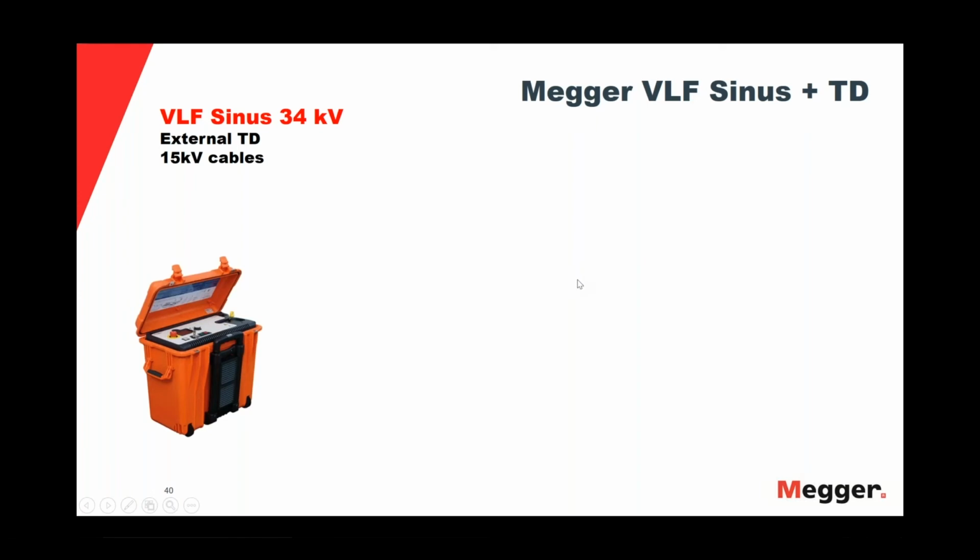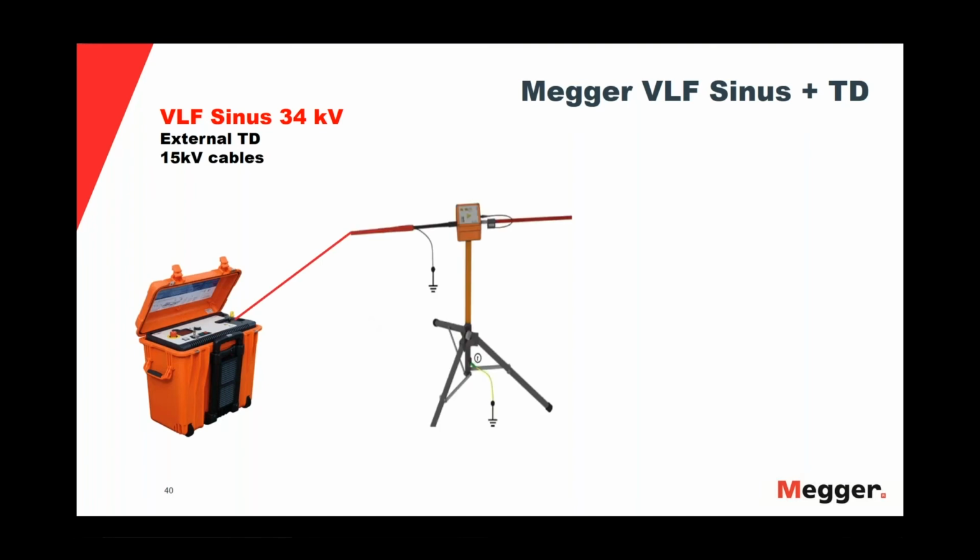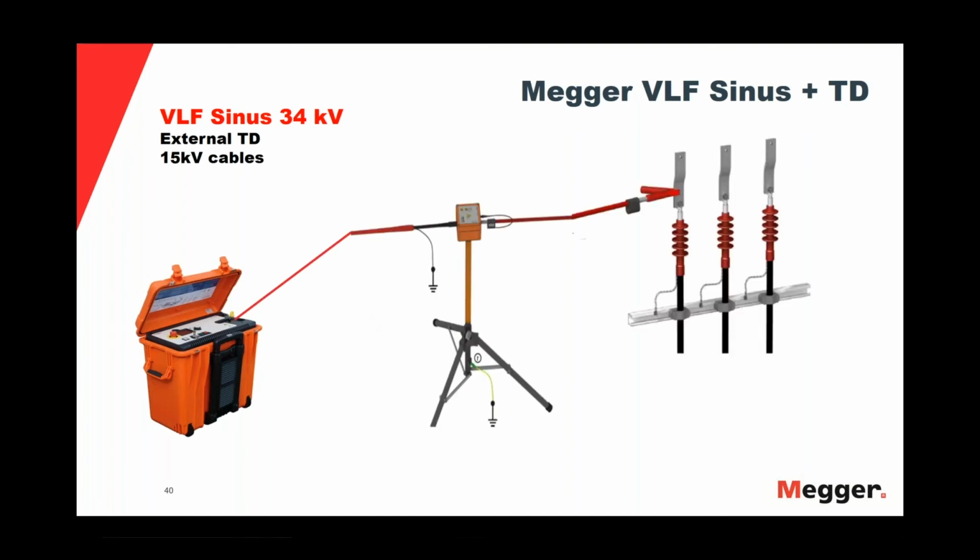This unit has an external tan delta attachment, and we use this VLF to test cables up to 15 kV. And we can see the external tan delta. This is the smallest VLF unit we have at Megger.